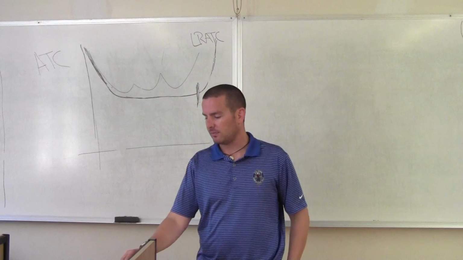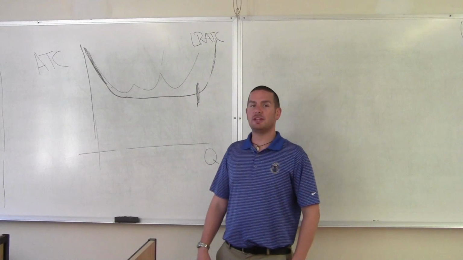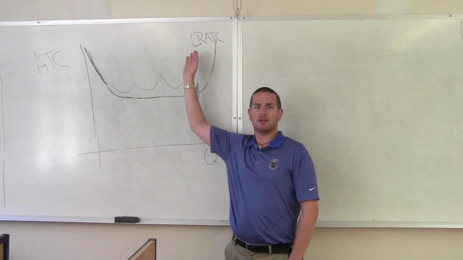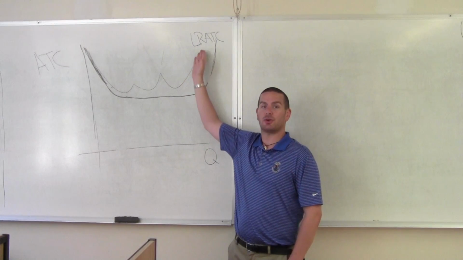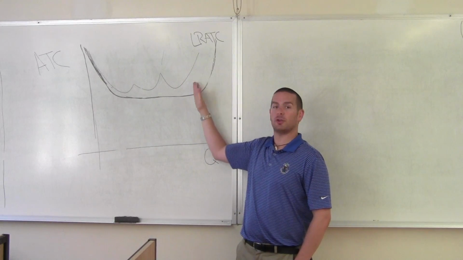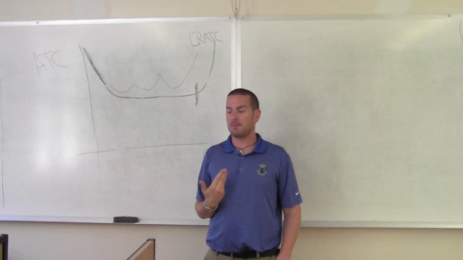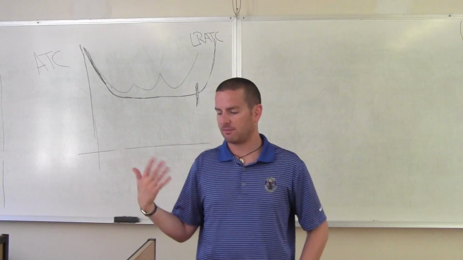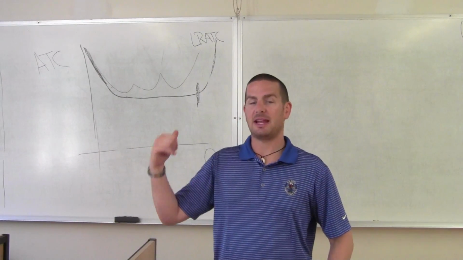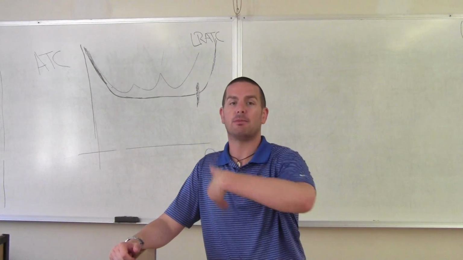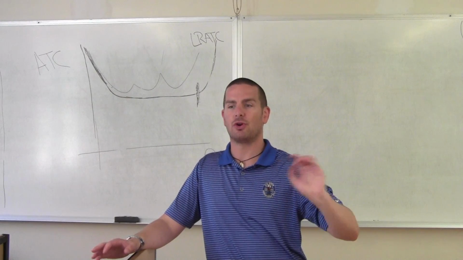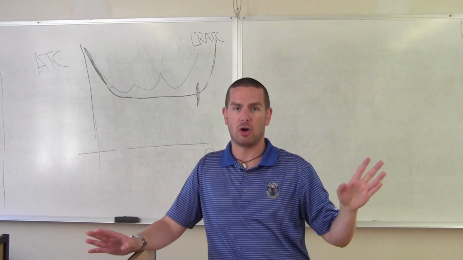Okay? So while neoclassicals say that it's diseconomies of scale that causes the long run average total cost curve to slope upwards, and that's why firms will only produce to here, I personally believe, and I read some research on this, a lot of other people also believe, they created that to say to Marx, basically, no, corporations won't grow and get out of control. Marx, you're completely wrong, okay?